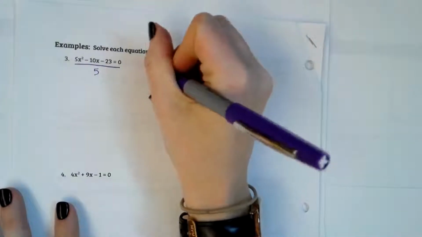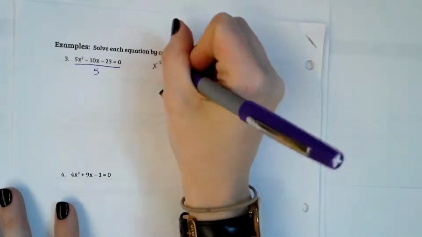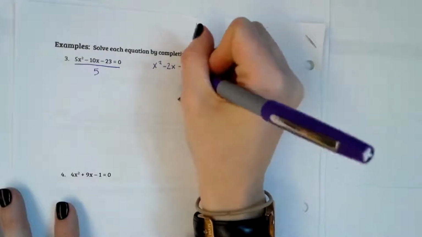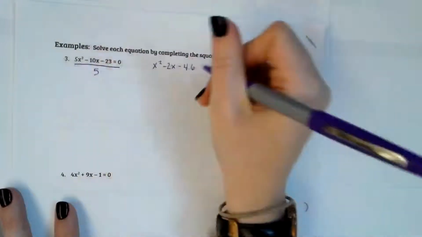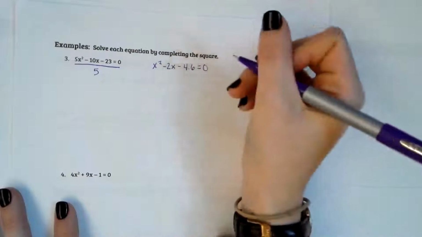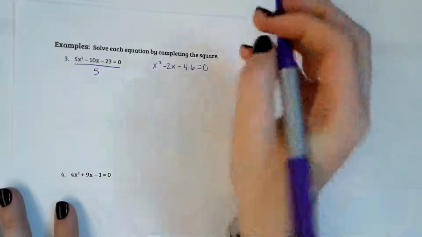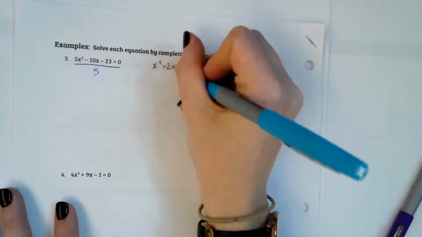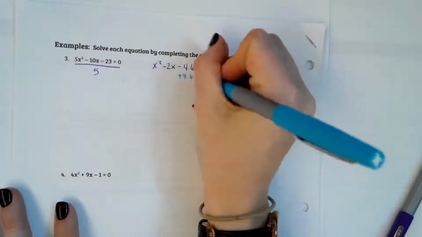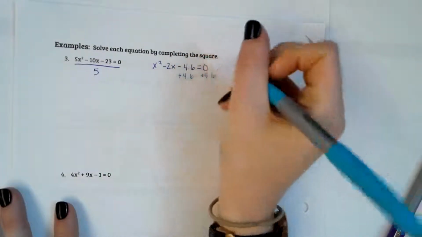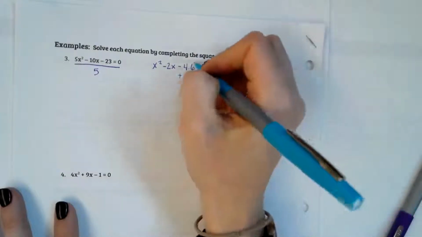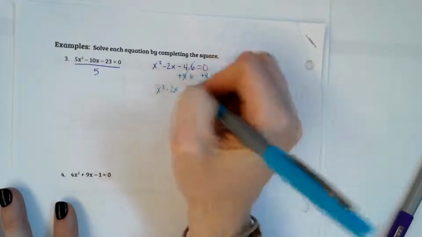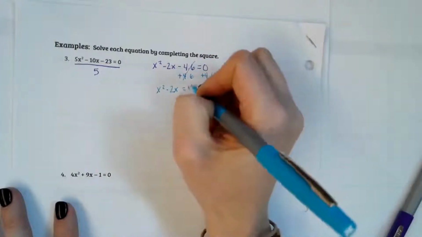So that's going to just be x squared minus 2x minus 4.6, and then 0 divided by 5 is still 0. So then I'm going to add the 4.6 to both sides. So x squared minus 2x equals 4.6.